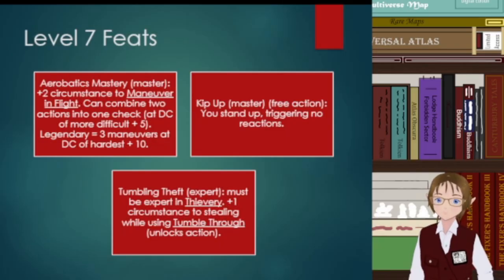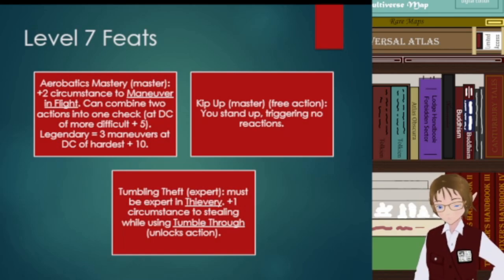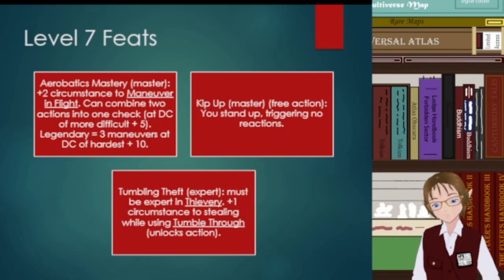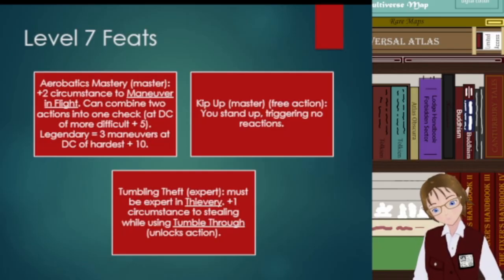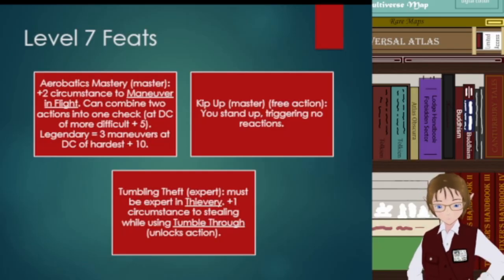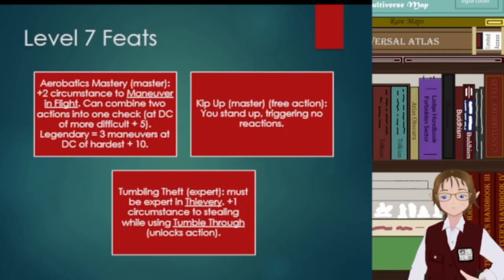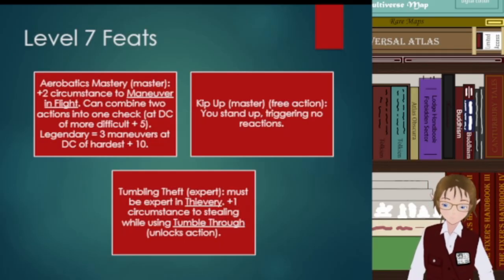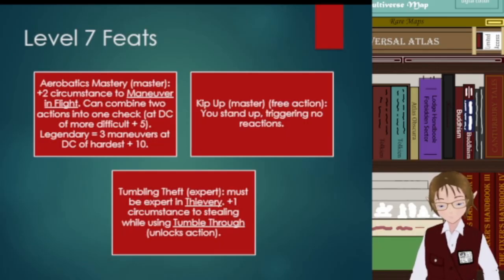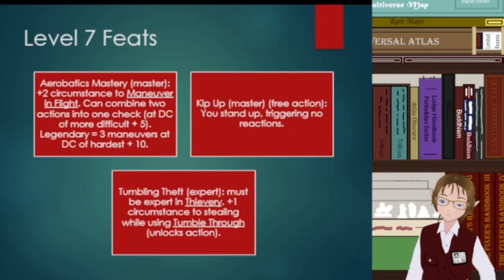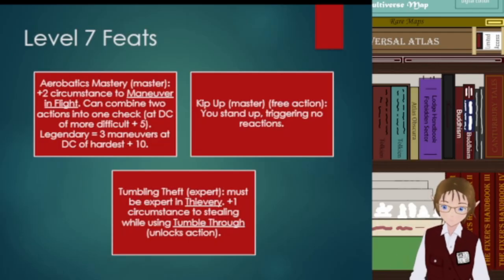The second general purpose feat in this level 7 set is Kip Up. It requires Master Proficiency and gives you the free action Kip Up. Basically, it lets you stand up without triggering reactions. One of the downsides of being prone is that when you stand up to reduce your penalties, you trigger reactions for many enemies next to you, namely attack of opportunity. So if someone like a Babau knocks you down, then if you stand up, they get to attack you again.